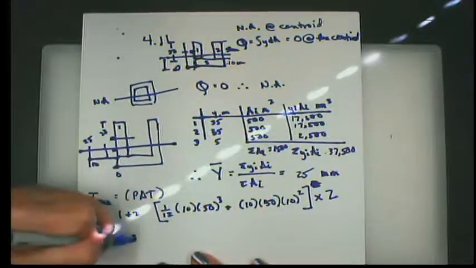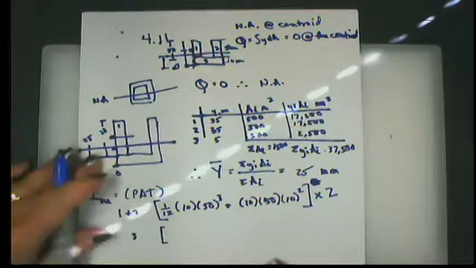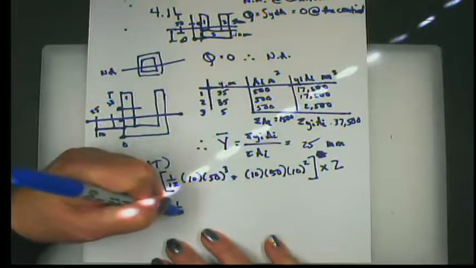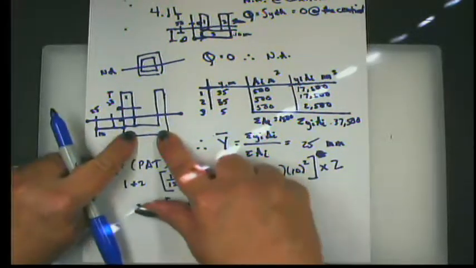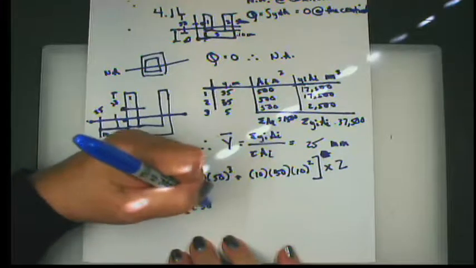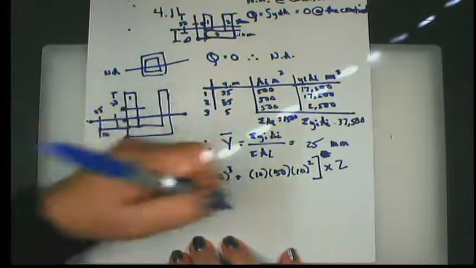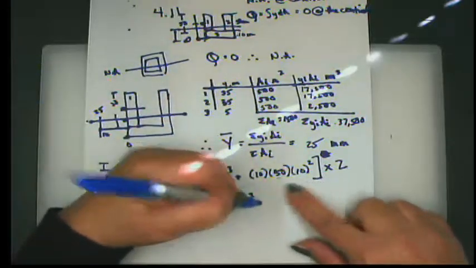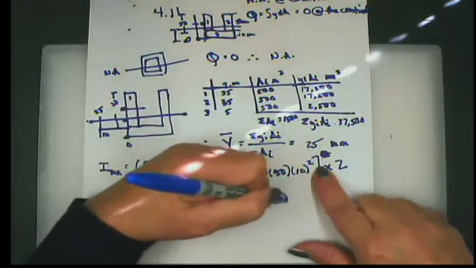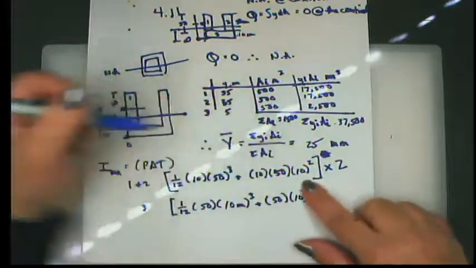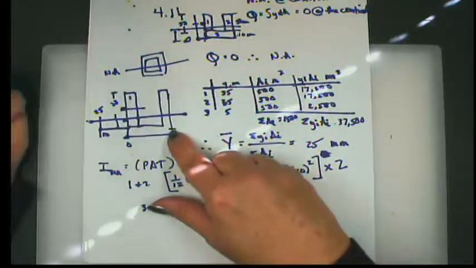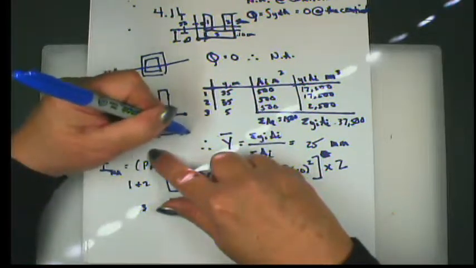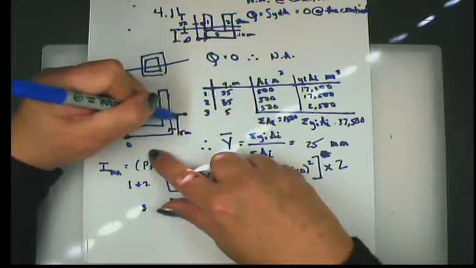All right, part 3, and I know I'm going fast. I'm doing this because I want to get it on the vodcast so that you'll have it. We're going to have to do the same thing. 1/12 times the base of part 3, which is 50 millimeters, times the height of part 3, which is 10 millimeters raised to the third power, plus the area, which is 10 times 50, times the distance, which is the centroid of part 3, which is 5 millimeters up, to the centroid of the entire thing, which is 25.